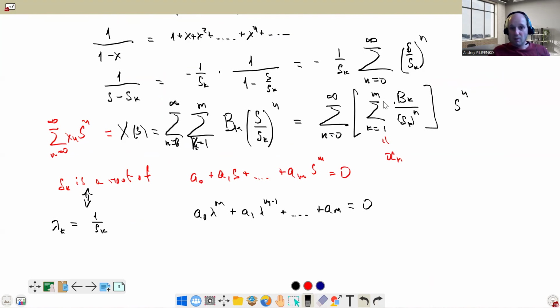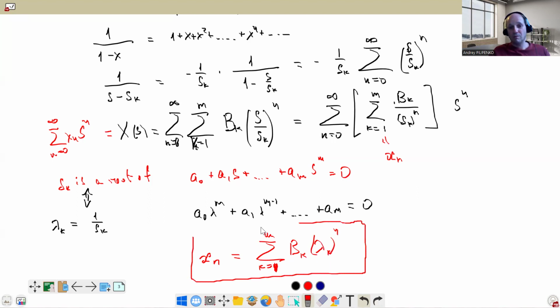And then this expression can be written as follows: xn is equal to the sum over k from 1 to m of bk lambda k to the power n. And this formula is nicer than the previous one. Sometimes this polynomial is called the characteristic polynomial, and this equation the characteristic equation.